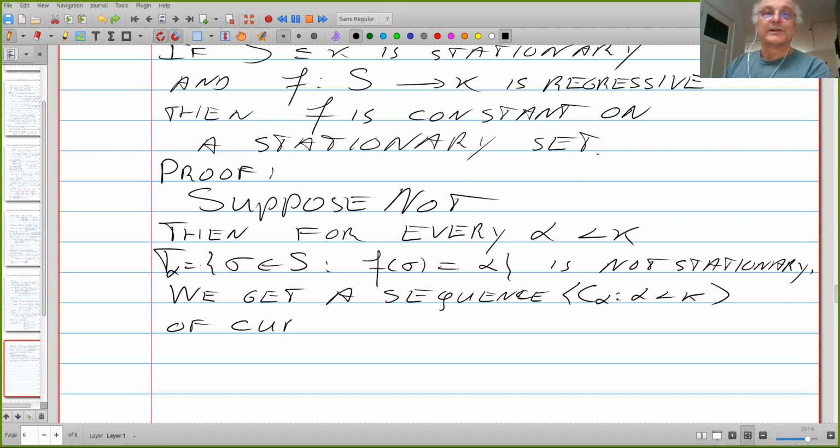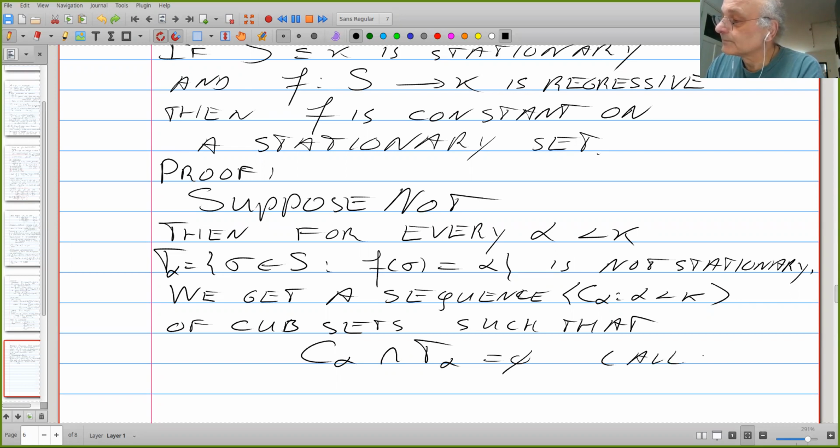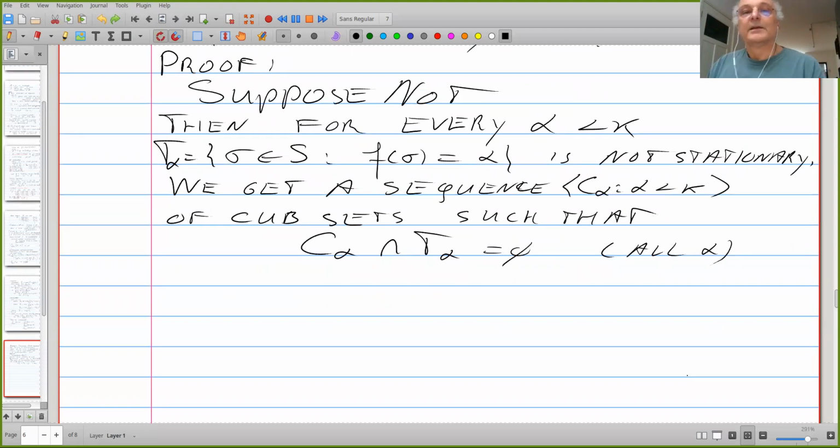T alpha is all the sigmas that are mapped to alpha. Well, T alpha is not stationary. That means there is a closed unbounded set disjoint from it. Well, okay. Right? This is what we get. Now, what can we do with this?